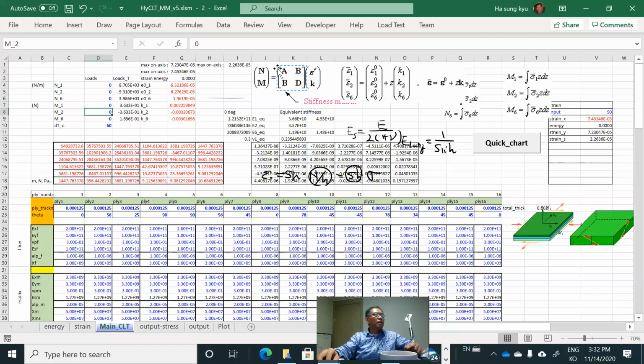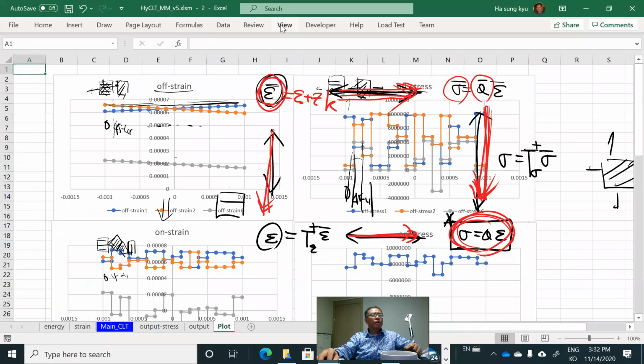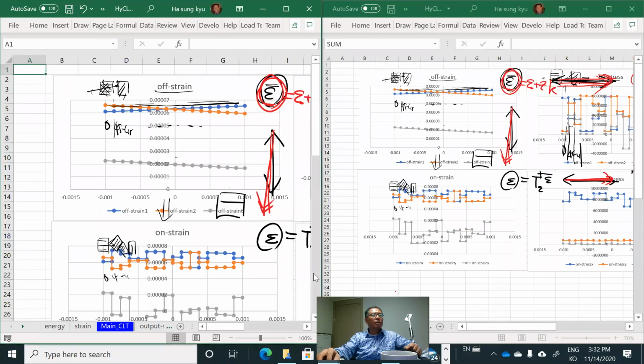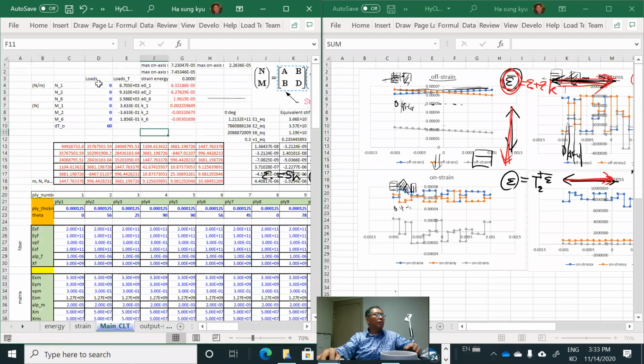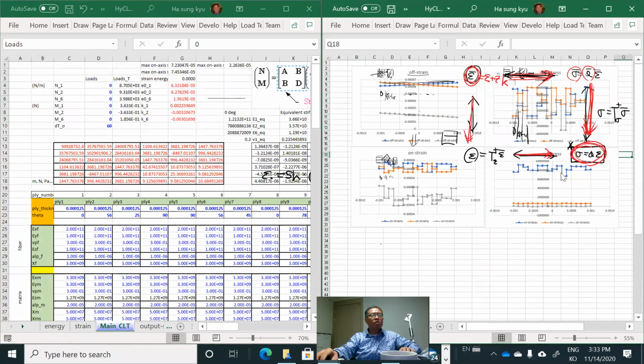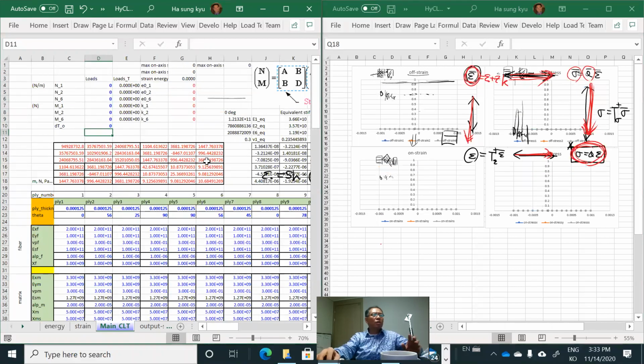As you can see, I'm gonna have a plot. We have no mechanical load, but as you can see on the right-hand side, we have a strain distribution. What happened? Well, it's simply because we applied a temperature increase. If no temperature, obviously there won't be any stress or any strain.